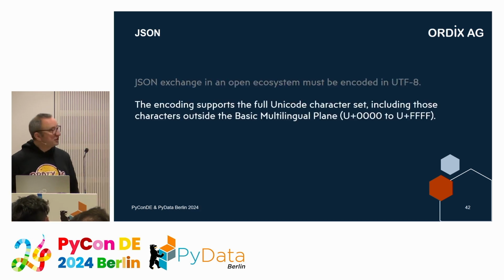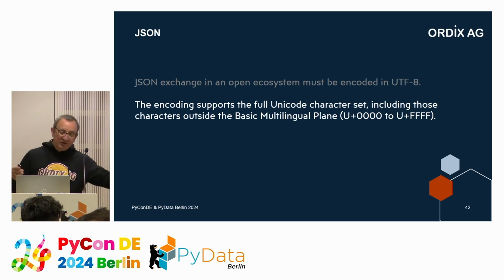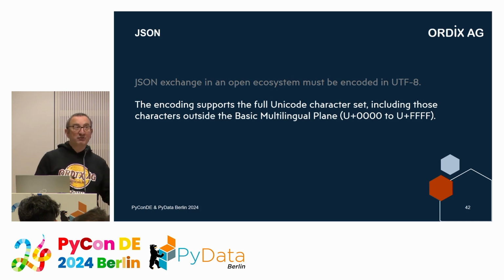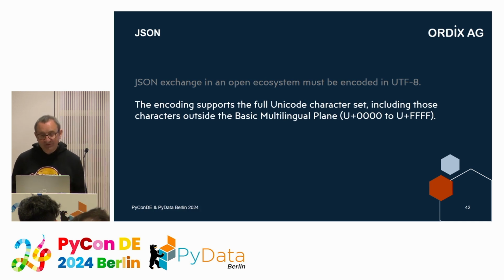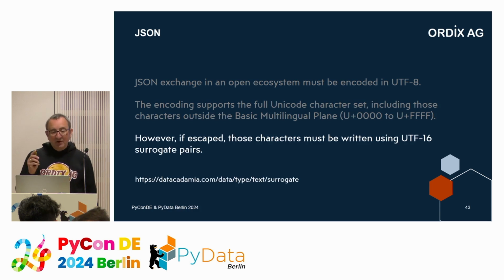The definition goes further on. The encoding supports the full Unicode character set, good. Those characters outside the basic multilingual plane, which are the first 65,000 letters, there is something special. However, if escaped, those characters must be written using UTF-16 surrogate pairs.